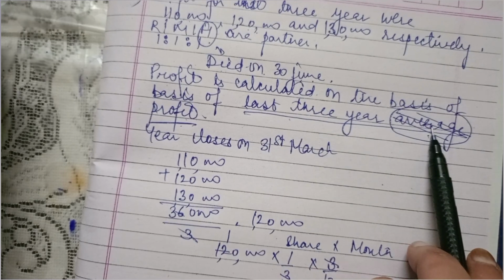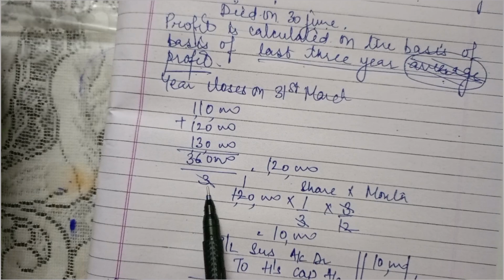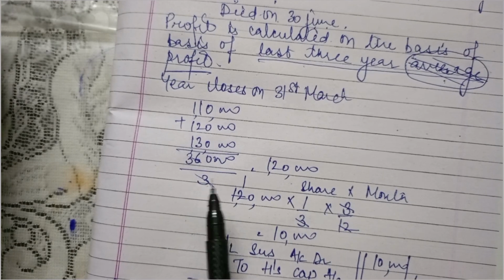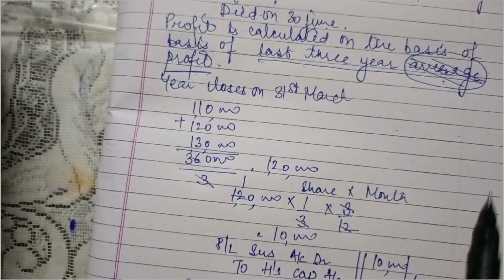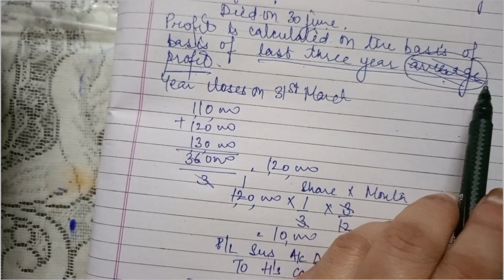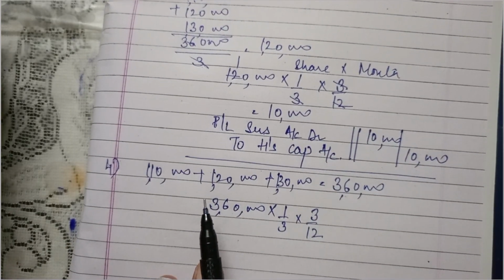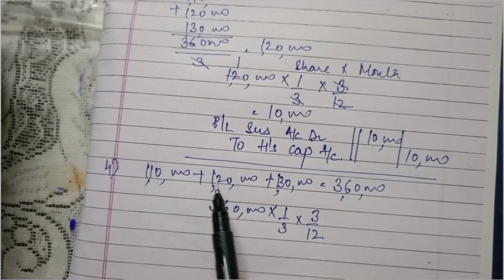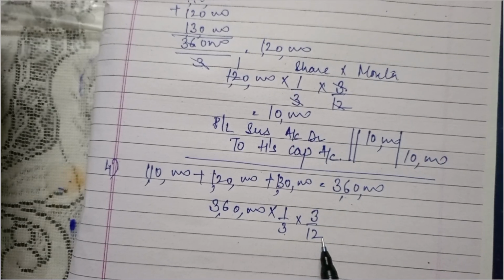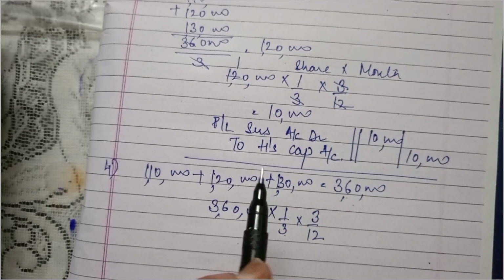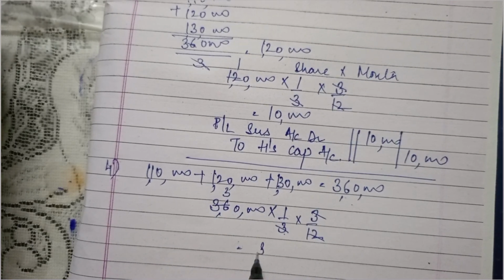If it is related to average, first total all the profits, divide by the number of years, and then multiply by share and months. And if the word average is not given, you can consider all three years profit for your question: 3 years profit, that is 3,60,000, multiplied by share and multiplied by months. The answer is 30,000.